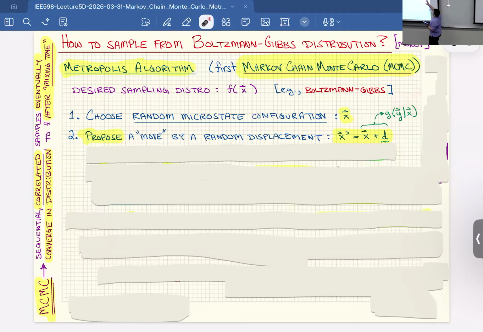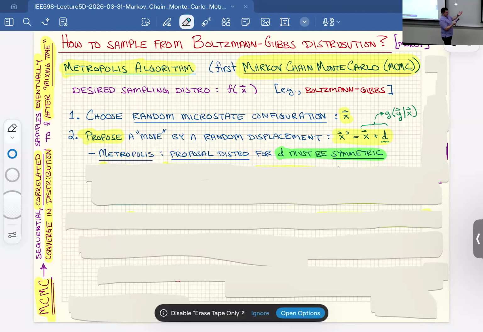In the original vanilla Metropolis algorithm, this conditional distribution had to be symmetric. So it was easy enough to think of it this way, where I'm adding some zero mean perturbation, drawn from, let's say, a normal distribution with mean of zero and some standard deviation that's up to you.